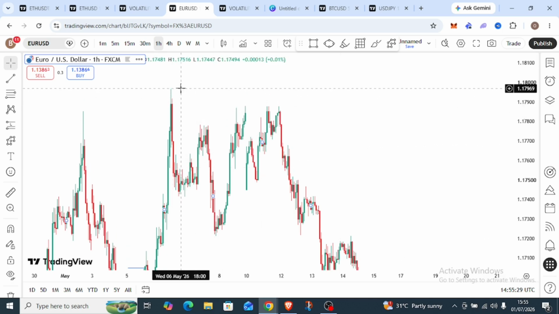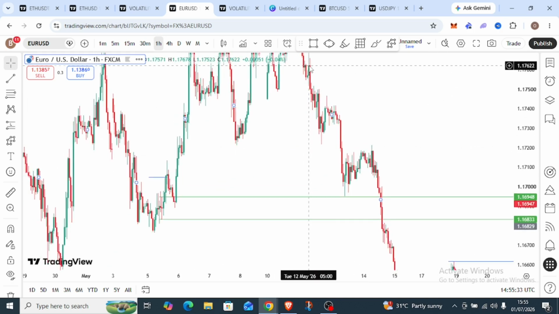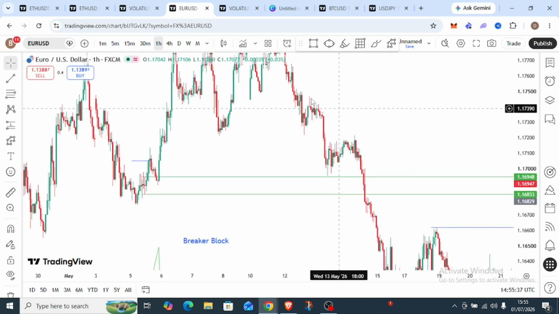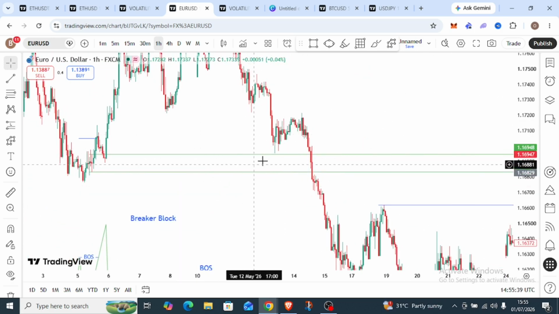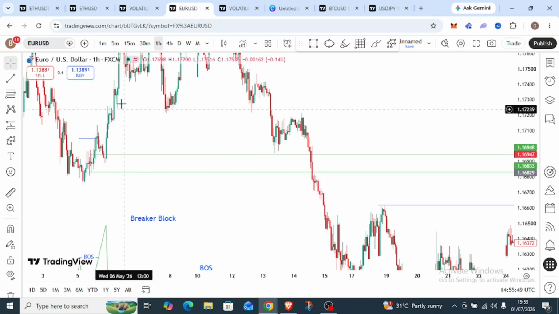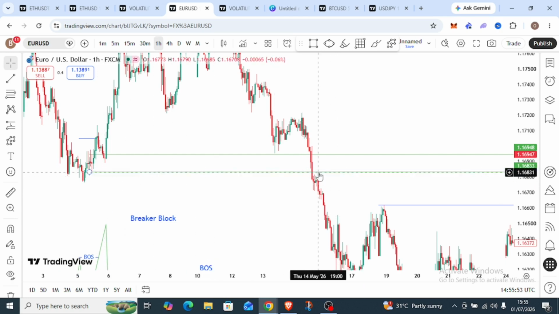When it reached this resistance level, price retraced and it came down to this side and took out this previous order block that created this high here. When it took it out, it closed below it.